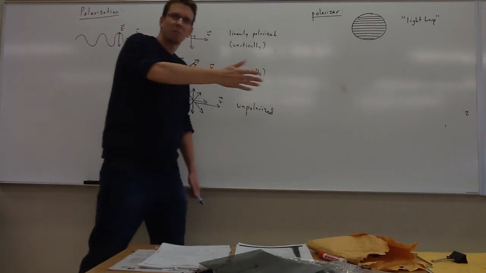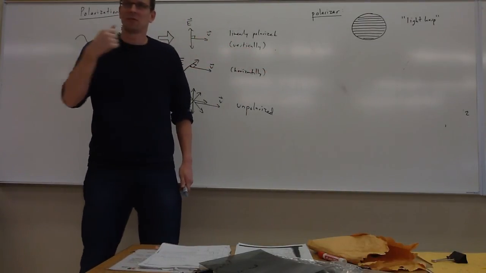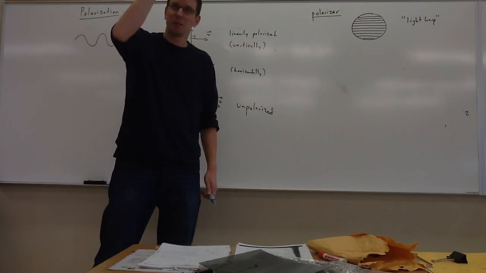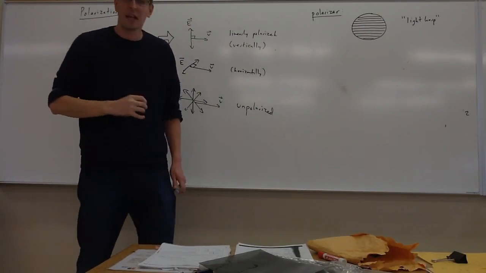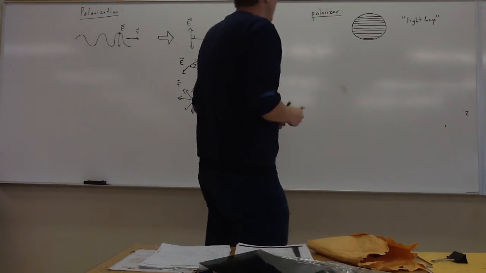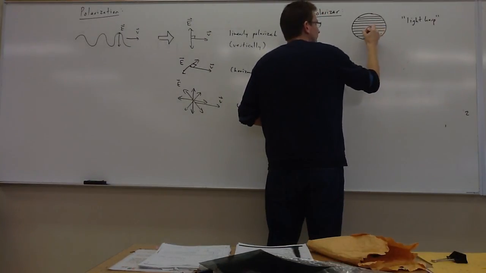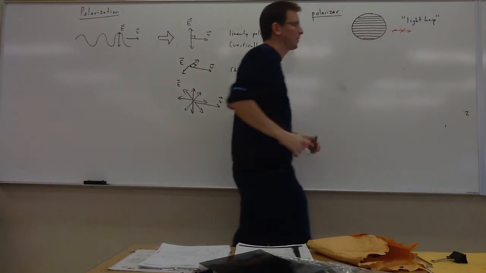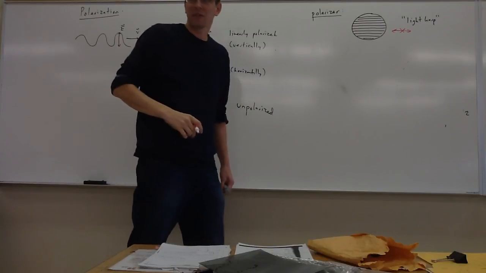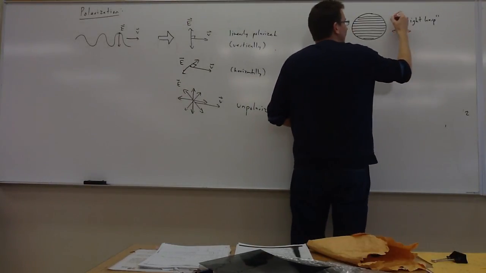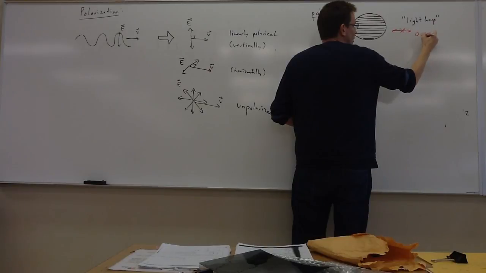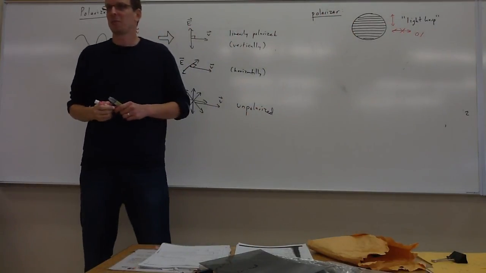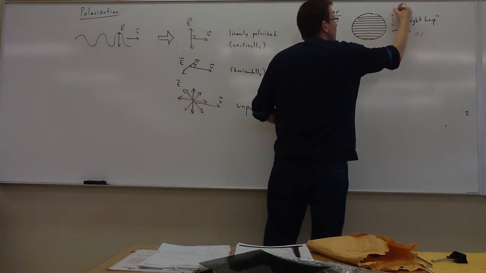So just like a harp has a preferred orientation where you can pluck across the strings and get a sound, and if you pluck along the strings you don't get anything, that's exactly the same thing here. If you send in light that has this polarization, that's along the strings, that gets blocked, and in an ideal polarizer, none of it gets through. So I guess I'll say 0% is allowed, whereas if you sent in something like this, that's the right orientation to pluck the strings, and 100% gets through.